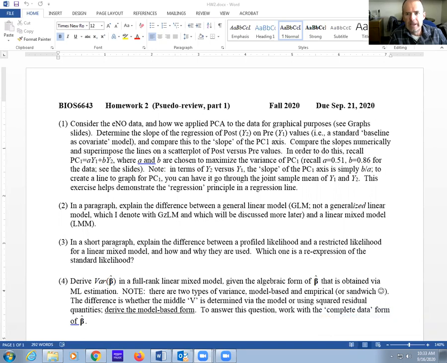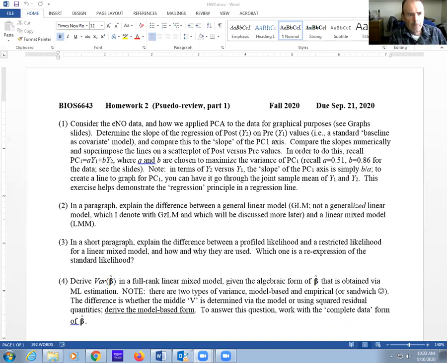Y1 is an axis. Y2 is an axis. When we make a plot of post versus pre, Y2 is the vertical axis, right? So it doesn't really have an intercept. Anything going up is a change in Y2, and anything going left or right is a change in Y1.